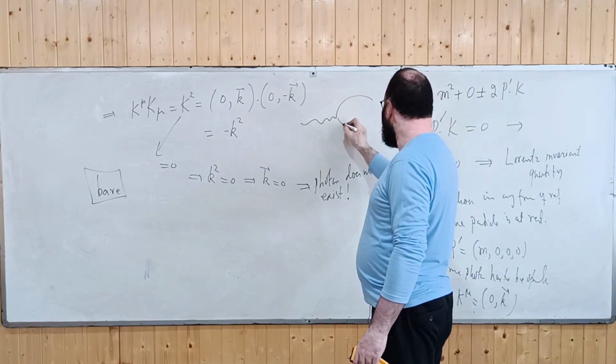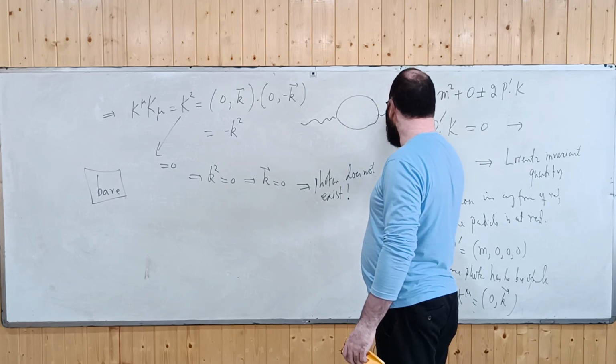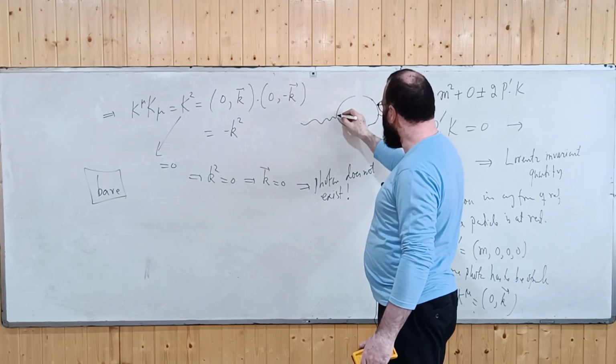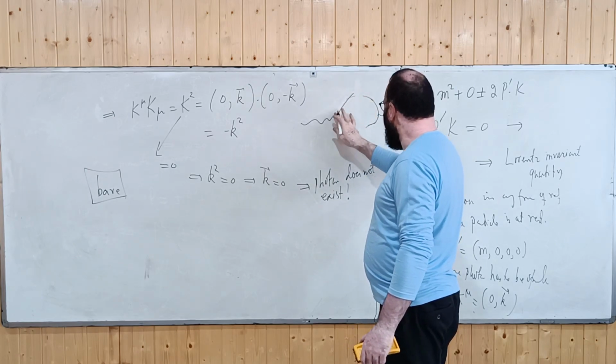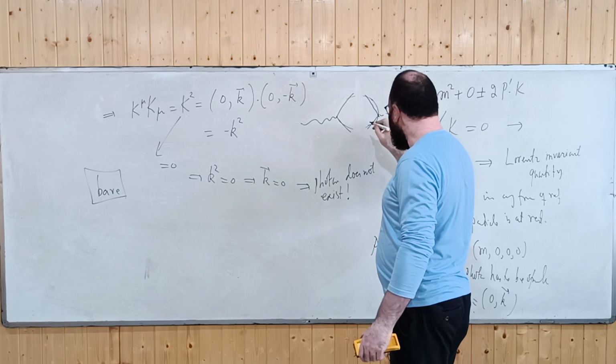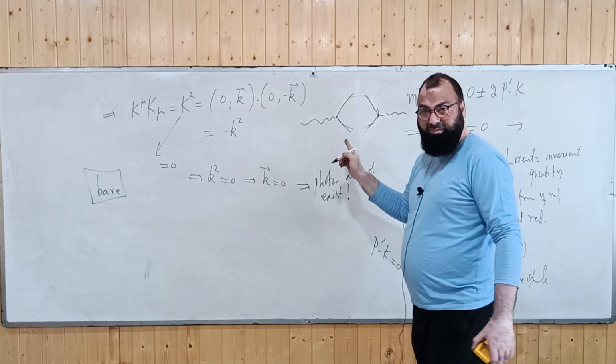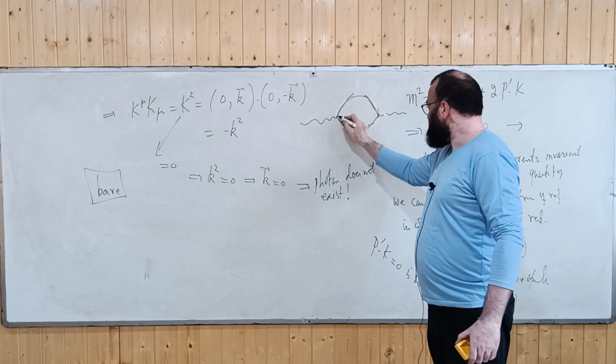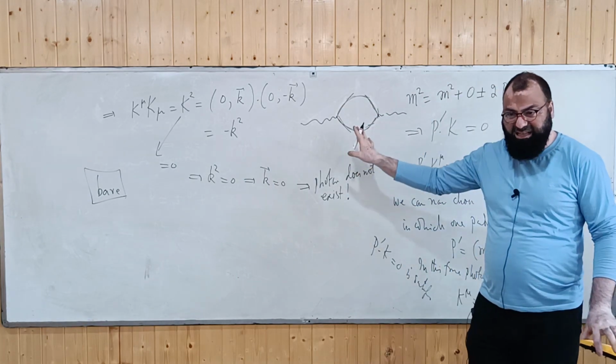If you see, let's bisect this diagram like this. So you have this vertex, and you have this vertex. These are actually the vertices of a bigger diagram. So this is a second order diagram.